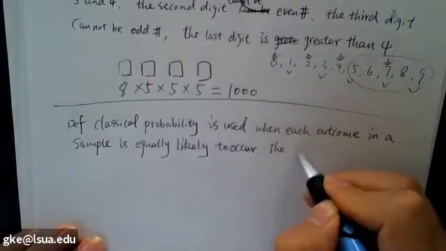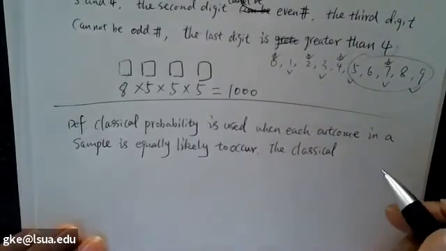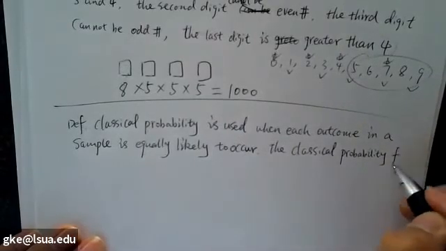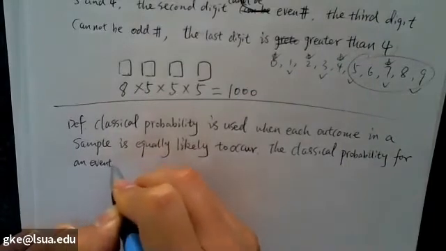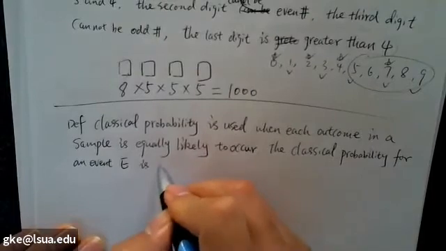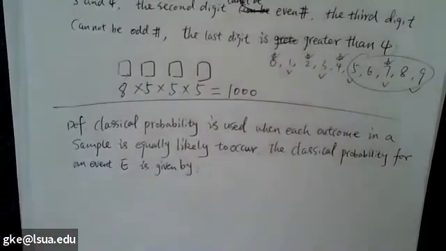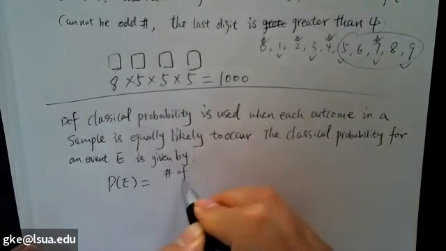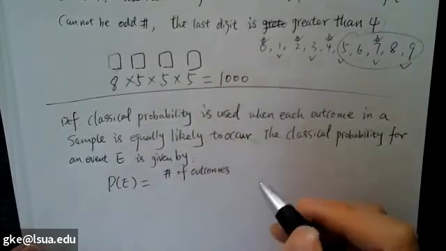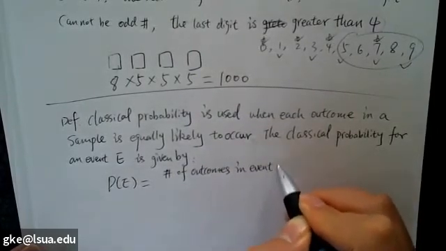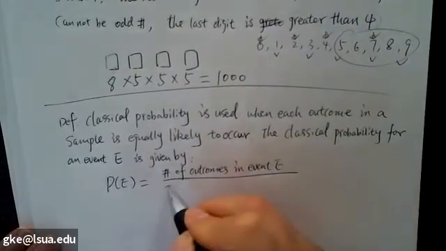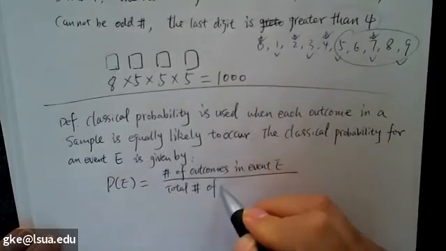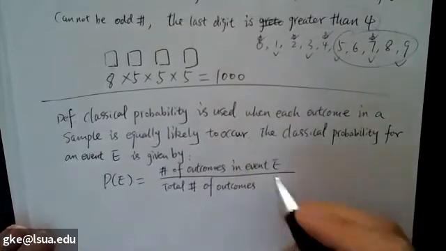The classical probability for an event E is given by, let's take a look, P(E) equals the number of outcomes in event E divided by the total number of outcomes in the sample space.